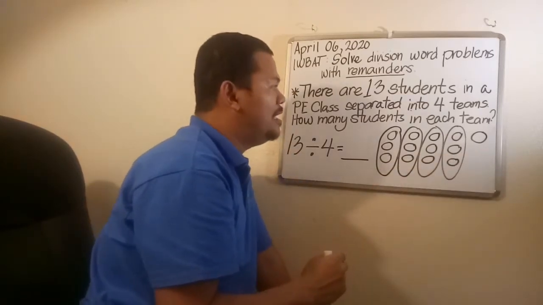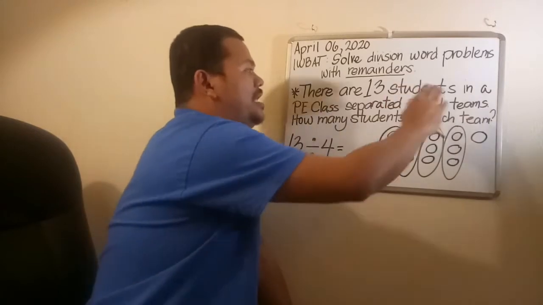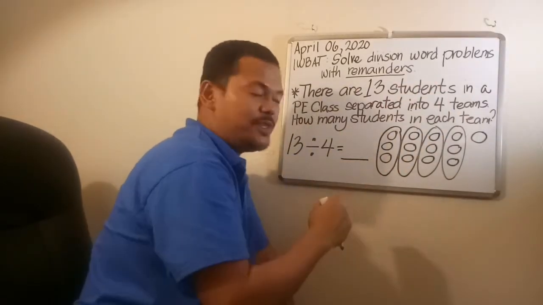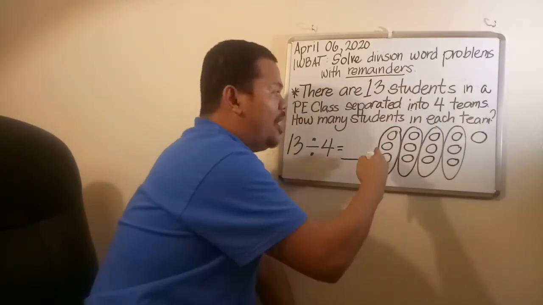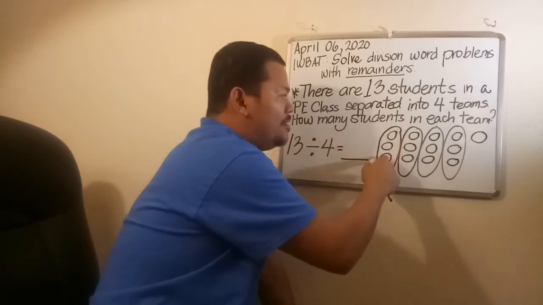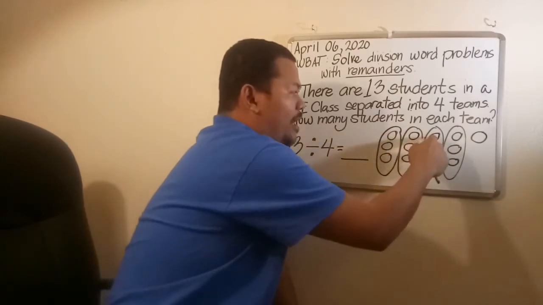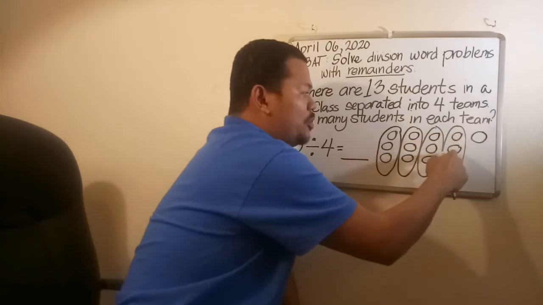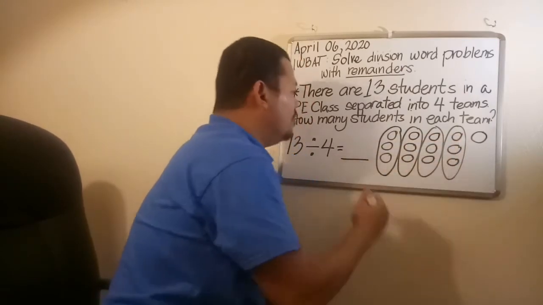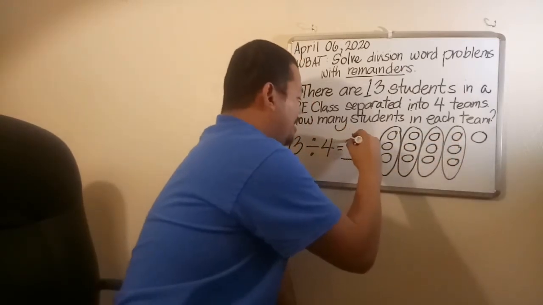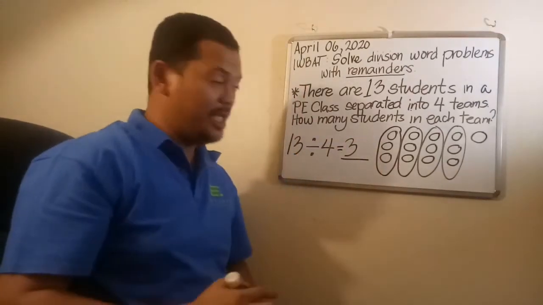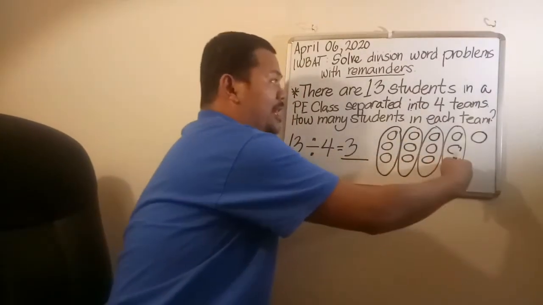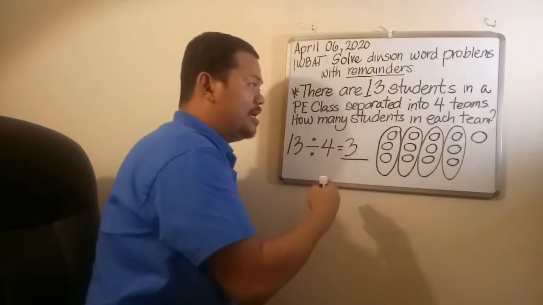Okay, so how many students are there in each team? Let's count them. 1, 2, 3, 1, 2, 3, 1, 2, 3, and 1, 2, 3 each team. So we are still going to write here 3 because each team contains equal members, which is 3.